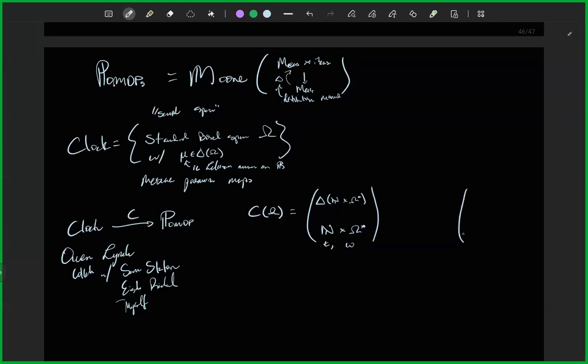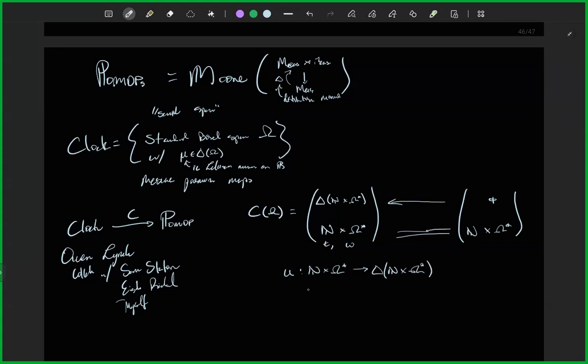And then we're going to do the same thing we often do with our clocks in this doctrine, which is just put this here and that. We're going to take the bottom to be the identity, and the top, u, is going to go, roughly speaking, from n cross omega star, there's a factor of this singleton up here that we're going to ignore, to delta n cross omega star.